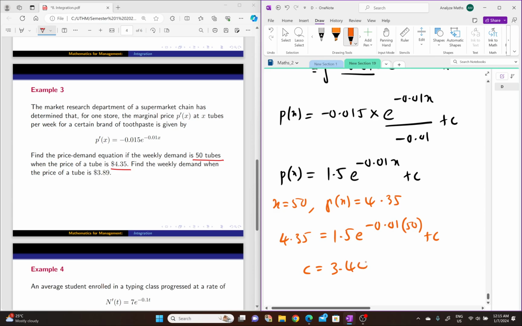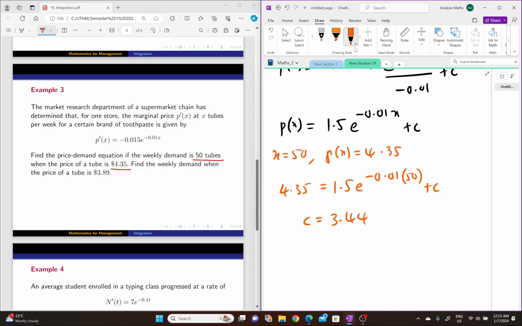You get 3.44. Okay, so you rewrite again the p.